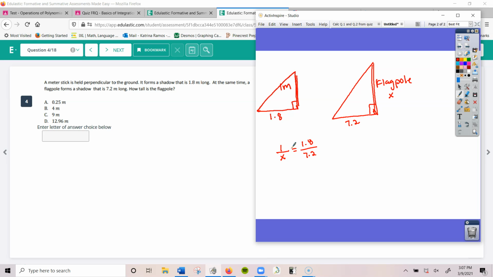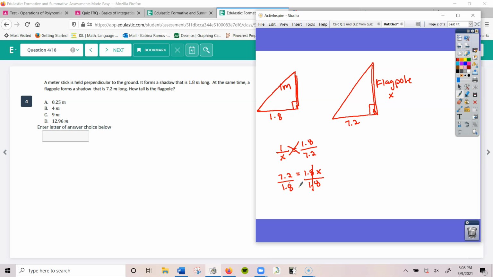Now to solve, what we do is we cross multiply. So 1 times 7.2 is 7.2, which is equal to 1.8 times x, which is 1.8x. To solve for x, which is the height of the flagpole, we divide by 1.8.